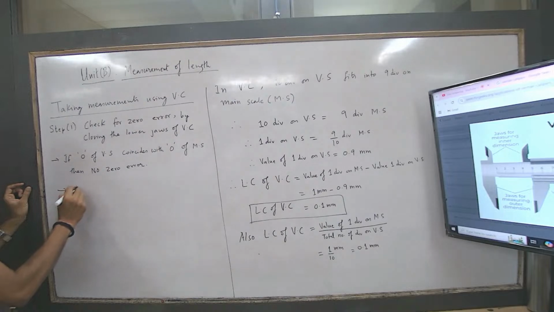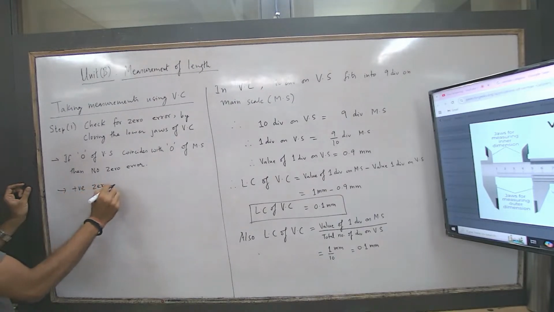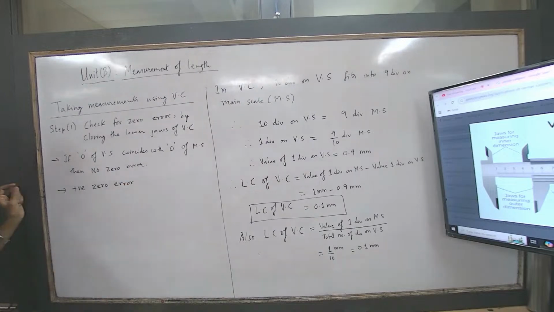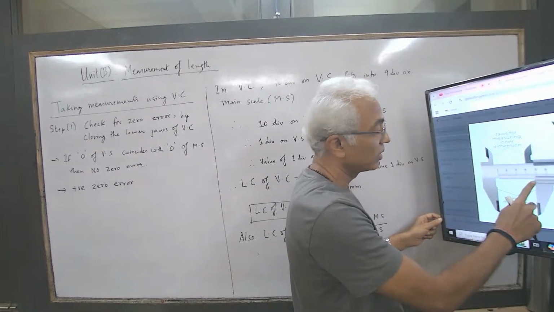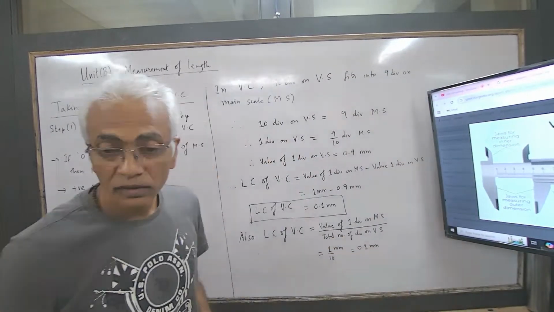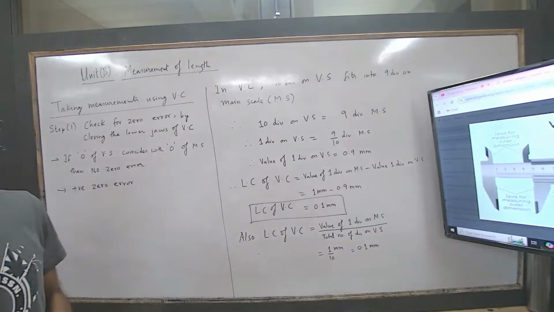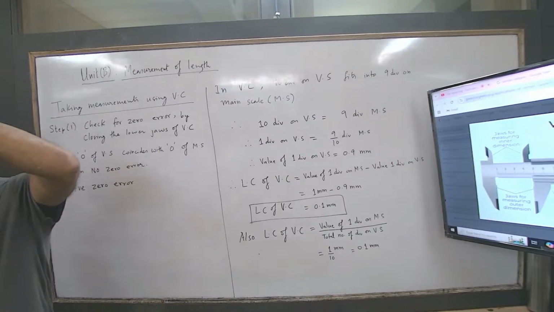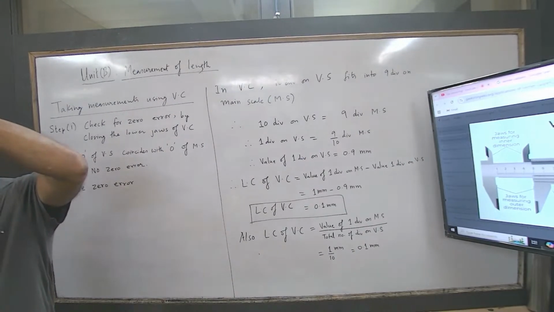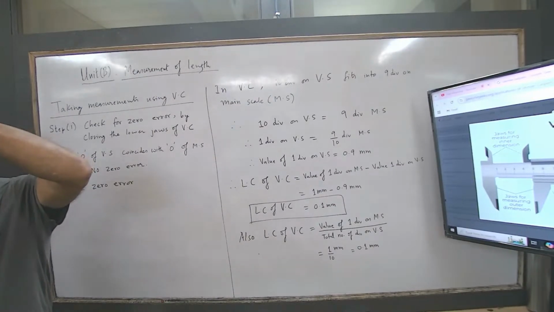Second, there is a case of positive zero error. What is the case of positive zero error? When you close the jaws, the zero of the vernier scale lies ahead of the zero of the main scale. Let us say main scale zero is this, and when you close the jaw, it lies here. It's not matching, like in case of no zero error. And in case of negative zero error, the zero is here, before the zero of the main scale.